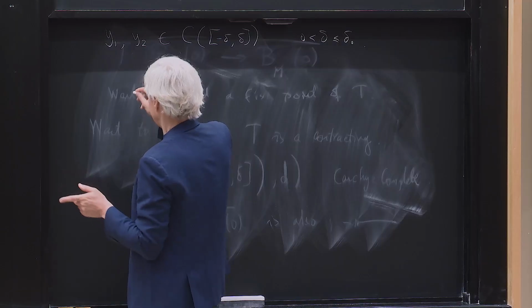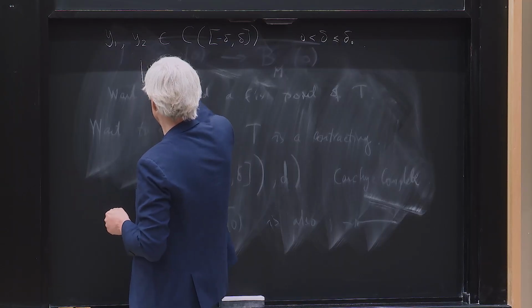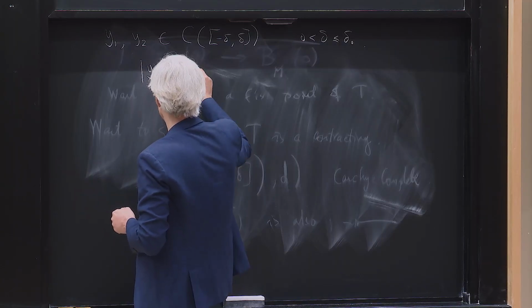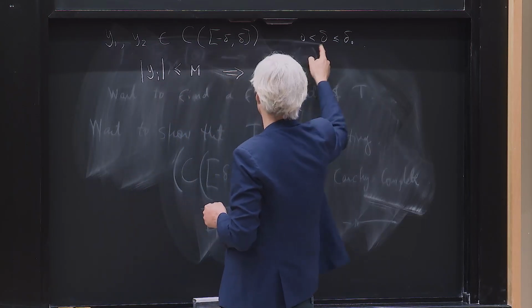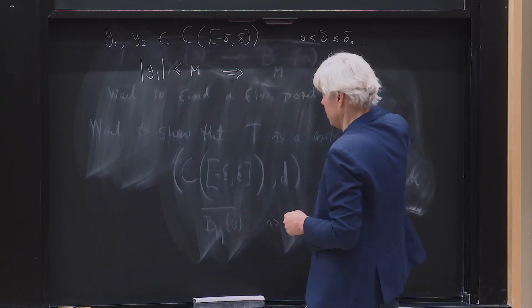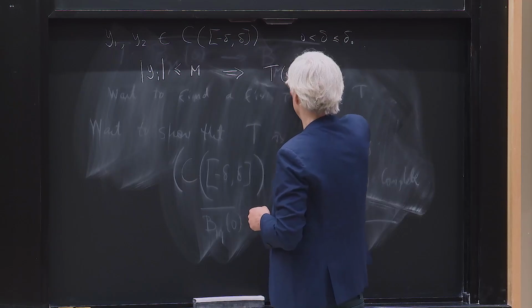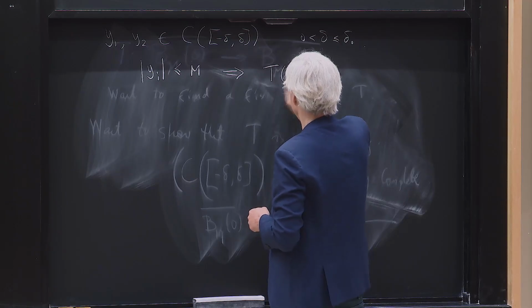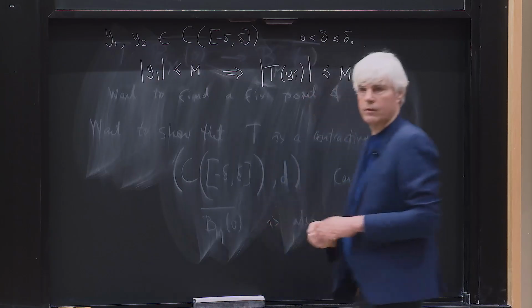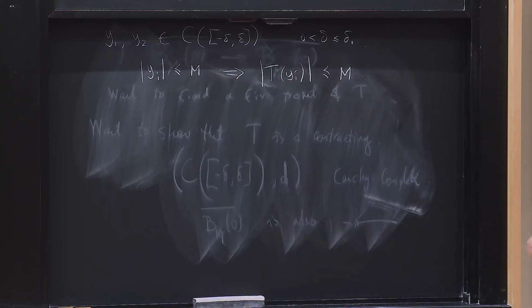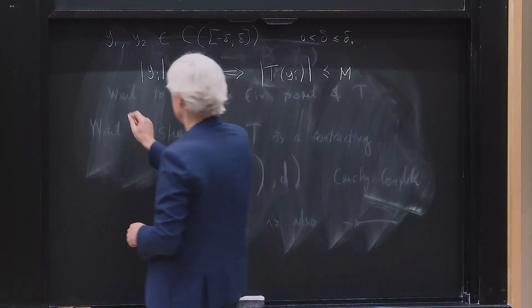They are both supposed to be in the ball, so this thing here is less than m. And we have already proven, just because delta is less than delta 0, that T of this function here has norm less or equal to m.